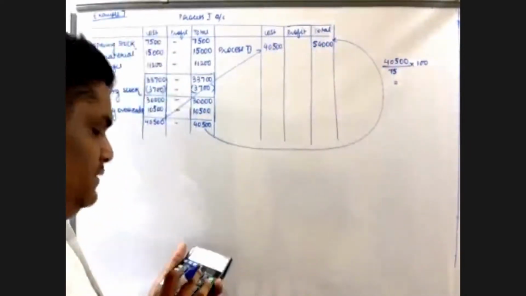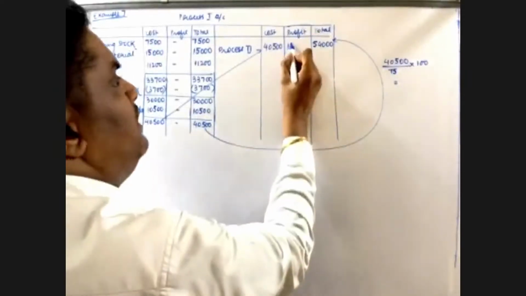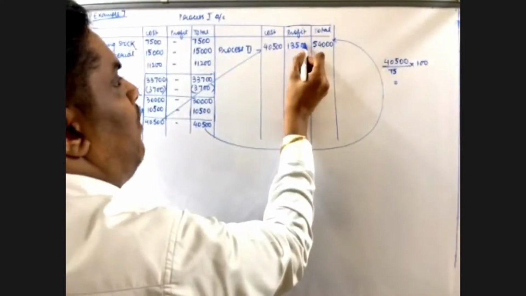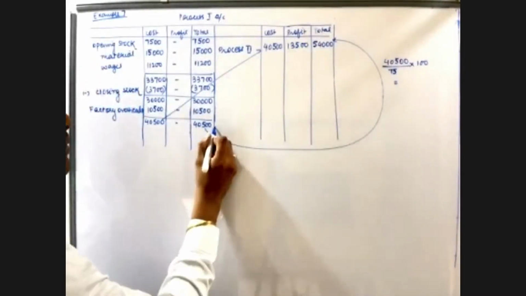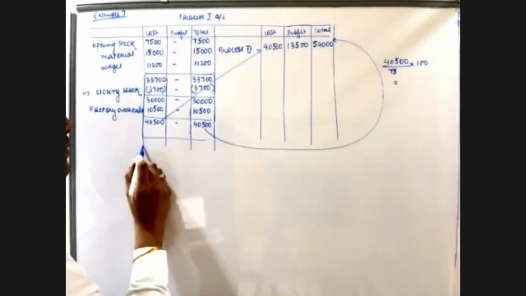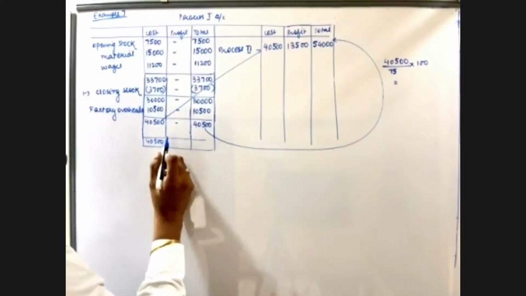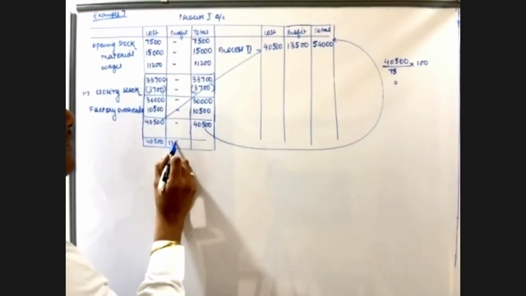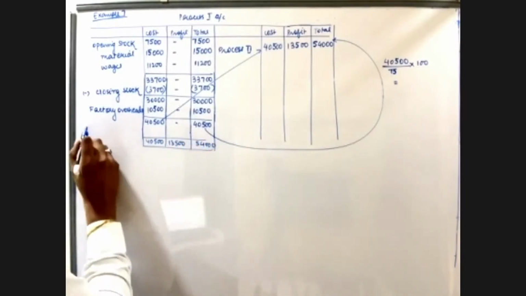So 54,000 minus 40,500 will be 13,500. So 40,500, this will be 13,500 and this will be 54,000.